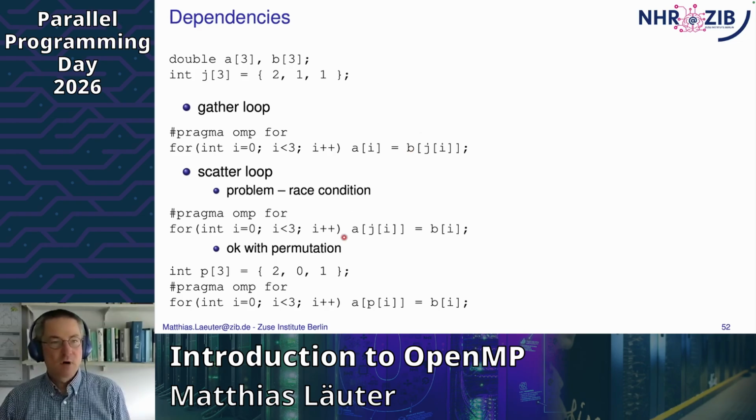Problems appear if you write, because here j of 1 and j of 2 are two times the same value. So a1 writes to the same space in memory. That's why here's a race condition. You write to the same space. We know that. This is dangerous. And also this is wrong code. To do it right, this reordering of indices needs to be a complete permutation. And if it's a permutation, you have no race condition, and of course you can write it. So be aware of that.